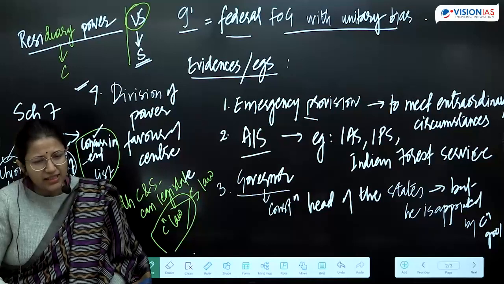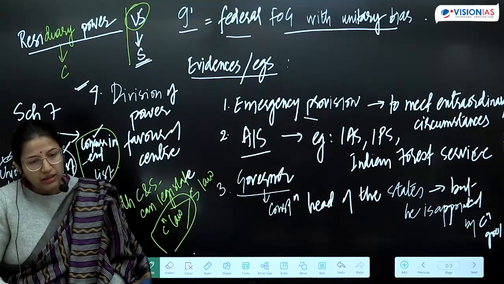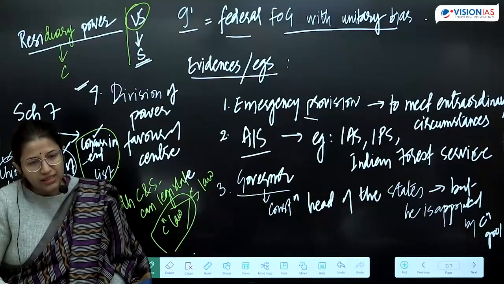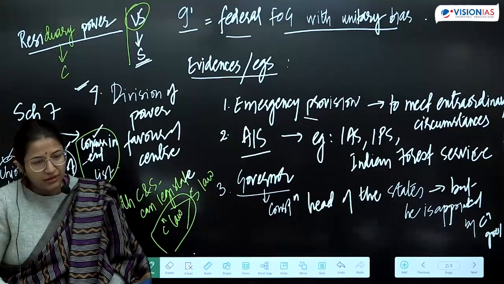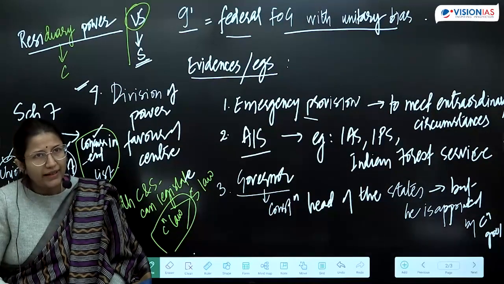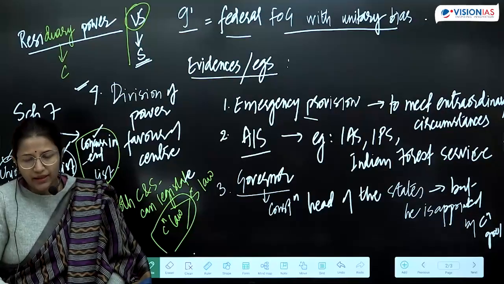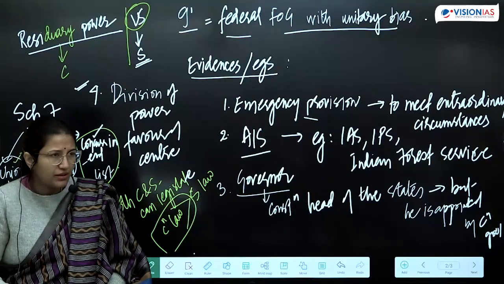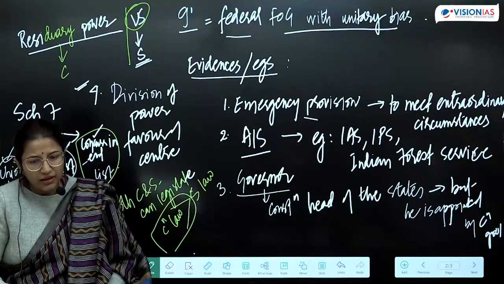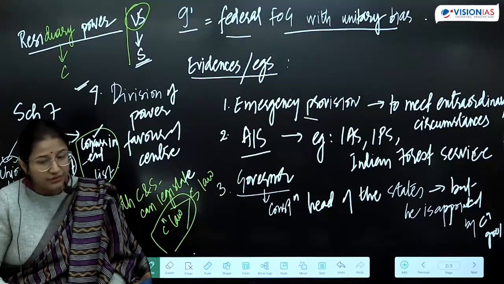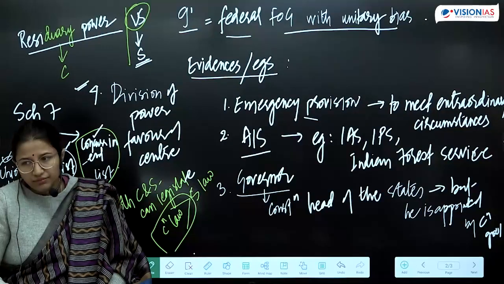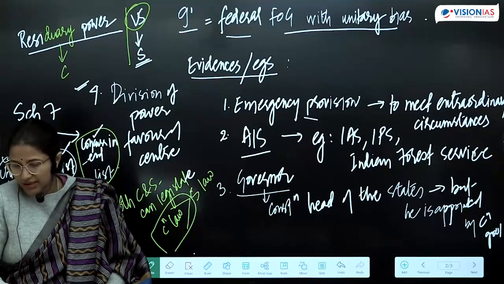Next, give the subhead: Reason why India adopted a federal government with unitary bias.